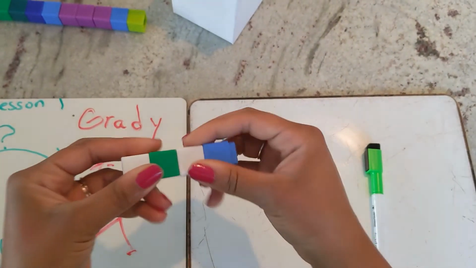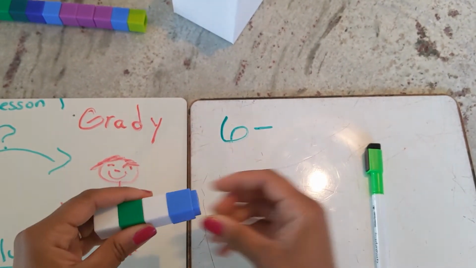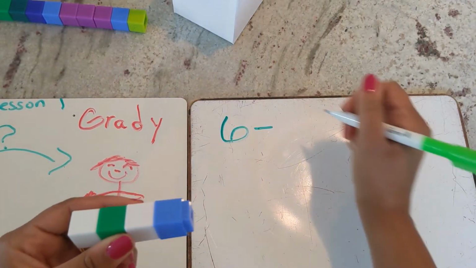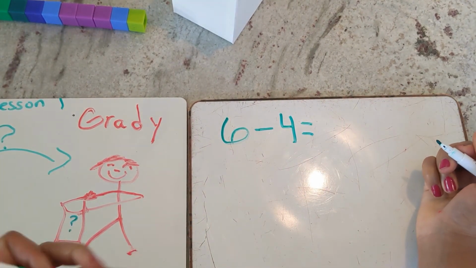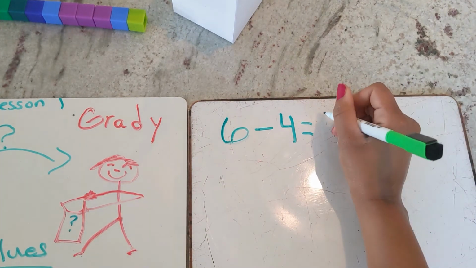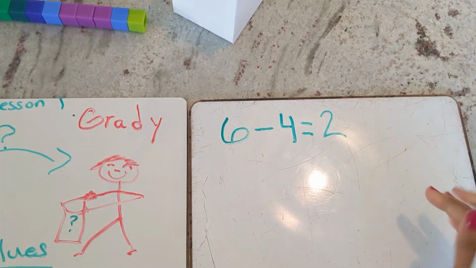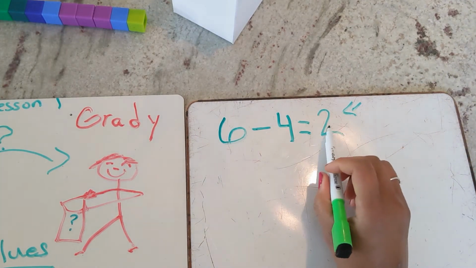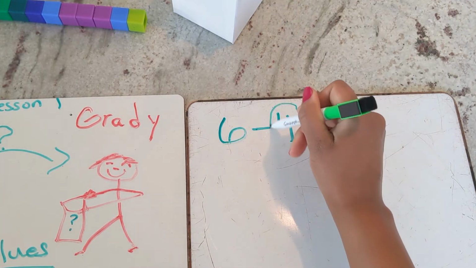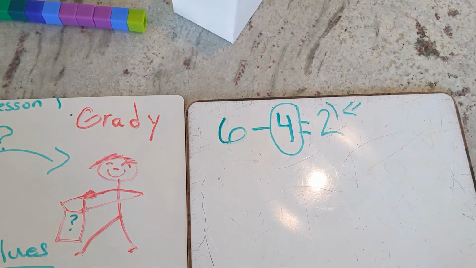Oh, there is 1, 2, 3, 4 here. So 6 minus 4 is the same as 2. So this would be the mystery problem. This is the mystery answer. Blair gave Grady 4 seashells.